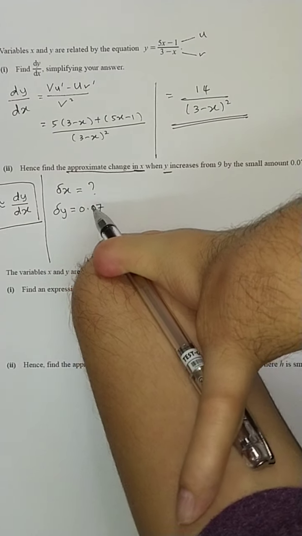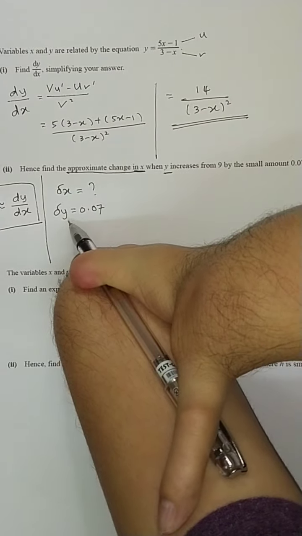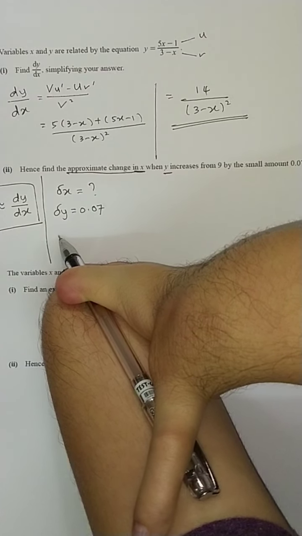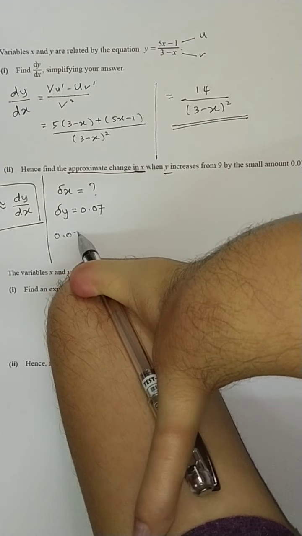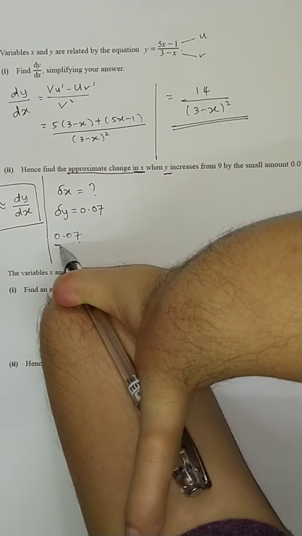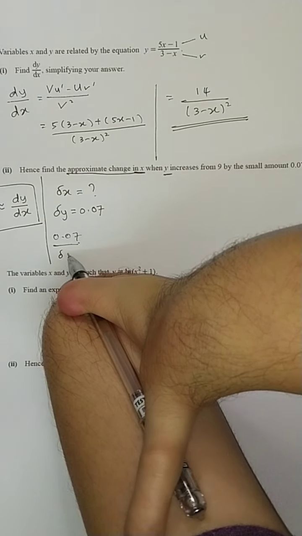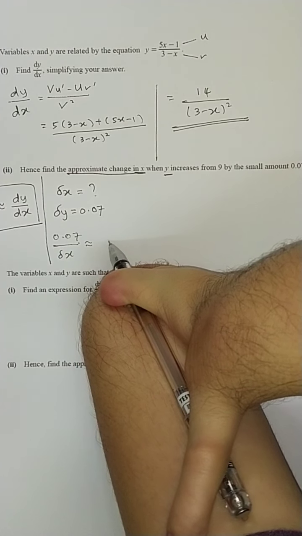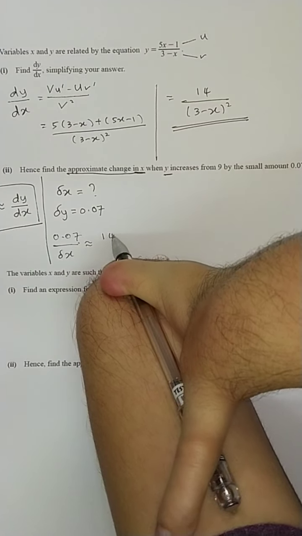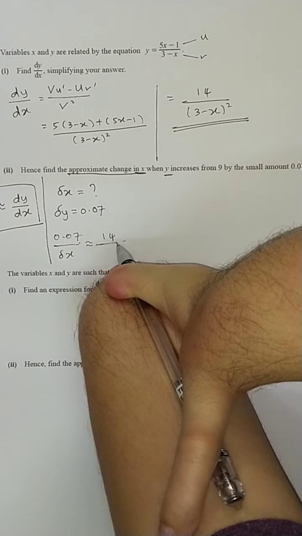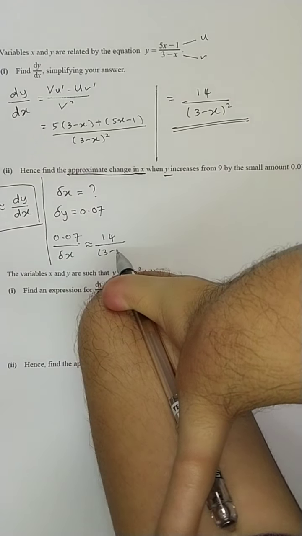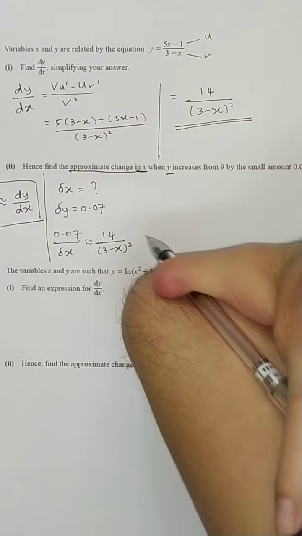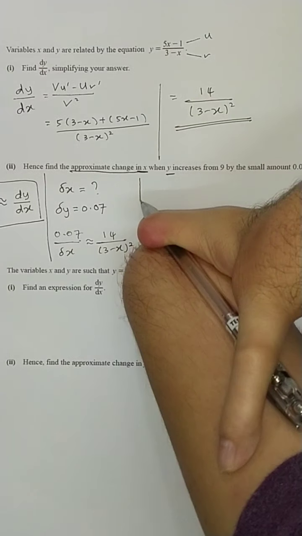The formula said delta y over delta x, so it's going to be 0.07 over delta x, which is unknown, approximately dy over dx. What is dy over dx? 14 over (3 minus x) squared.